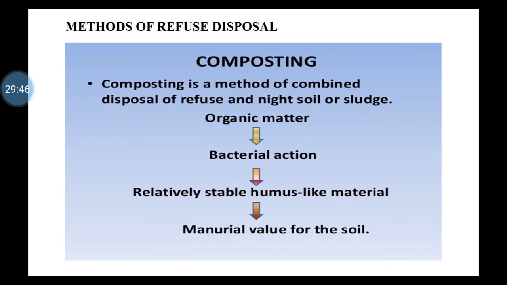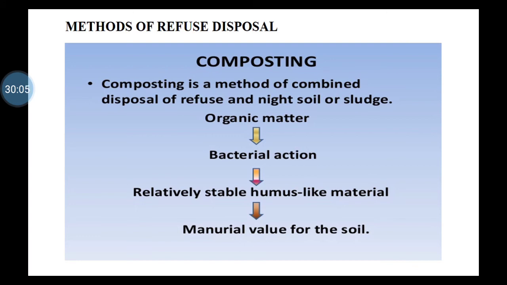So it is a method of combined disposal of refuse and night soil, or human excreta, or sludge. So organic matter and bacterial action, this is how the process takes place in composting.